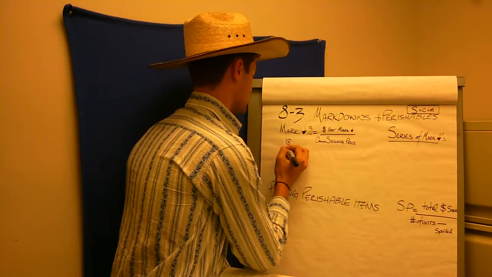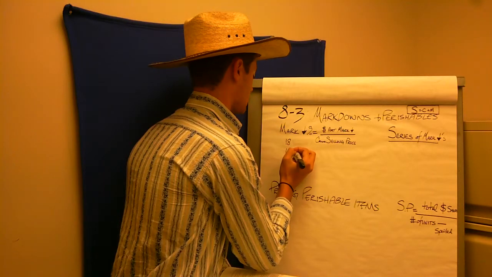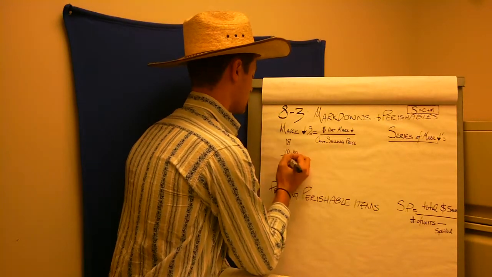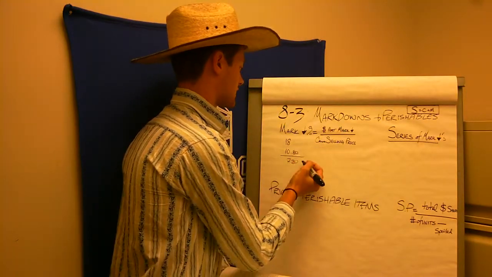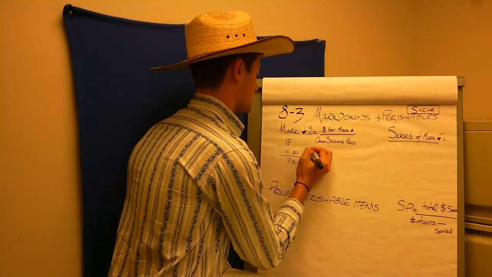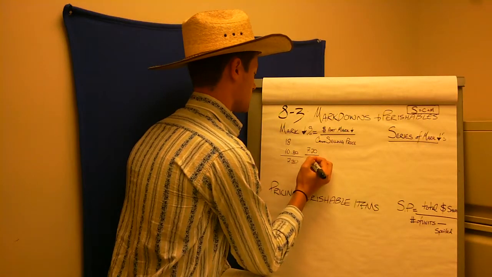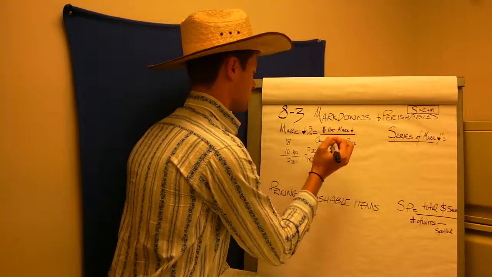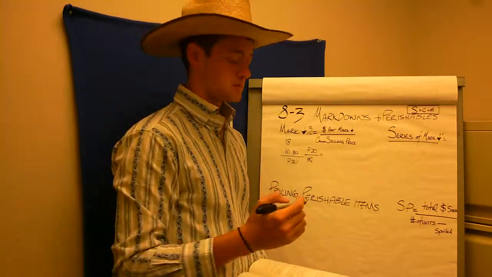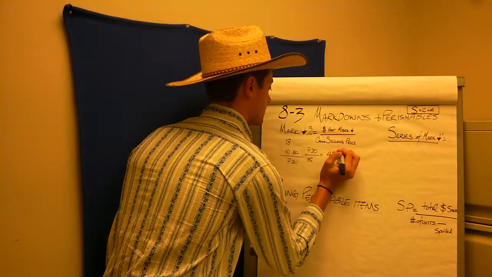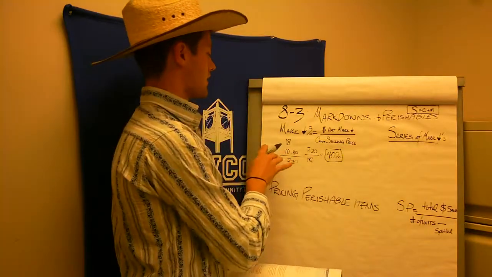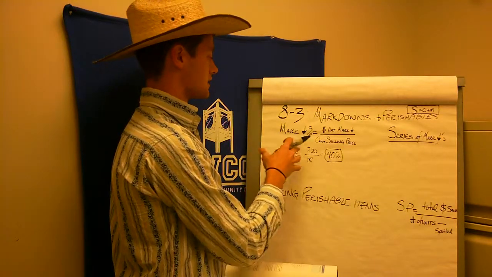They marked it down to $10.80. So the difference is $7.20. That's the amount that was marked down, the $7.20, divided by the original price of $18, which gives you 40%. So the markdown from $18 to $10.80 is a 40% markdown.